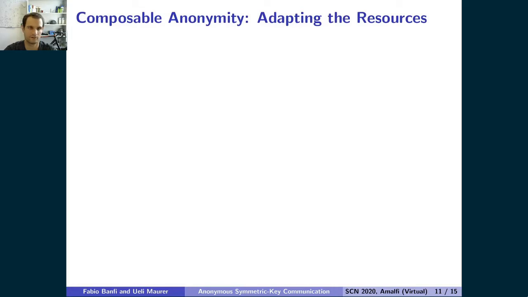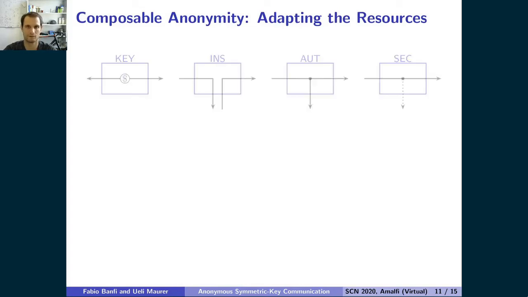We now turn the attention to the composable definitions for anonymity, and for this, first we need to adapt the resources that I presented before. So for the key resource, we now model the case where we have two senders. This will be modeled as follows. Namely, we sample two keys and we output the respective keys to the senders, and we output both keys to the one receiver.